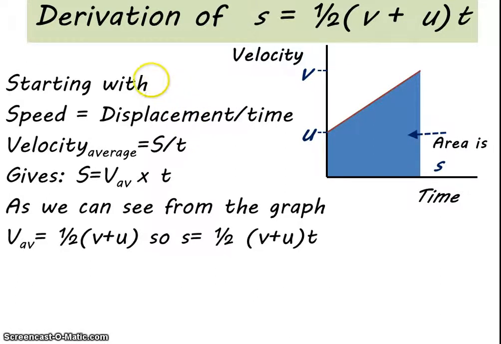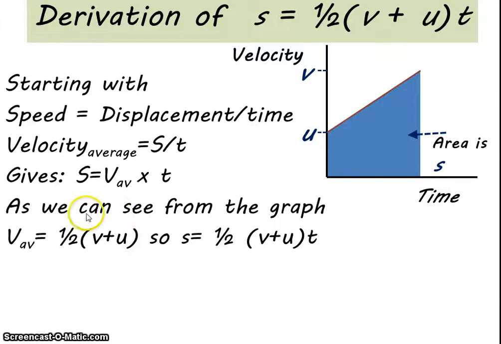So starting off from the basic equation, speed is displacement over time, if you take the average velocity rather than the speed and say that that's displacement over time, and you rearrange that equation by multiplying both sides by time, you get that displacement is the average velocity multiplied by the time.